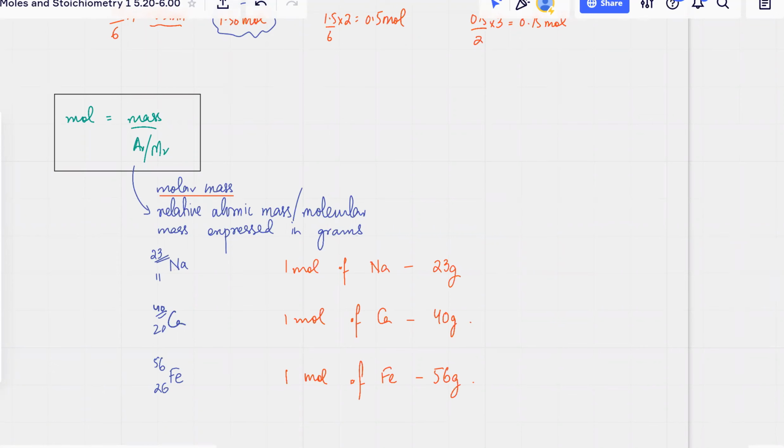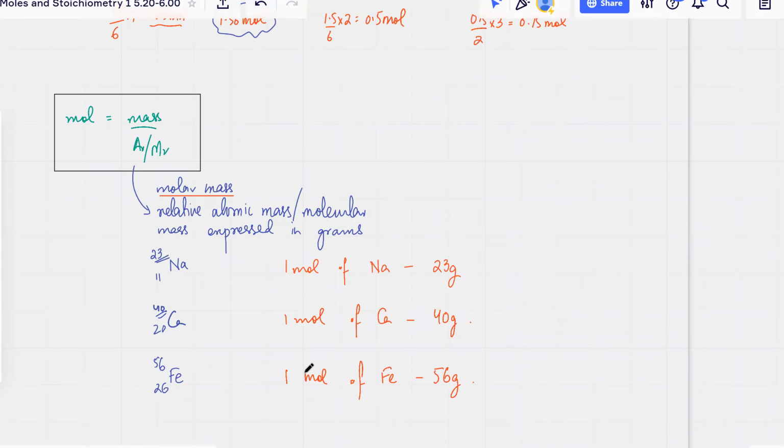So that's known as the molar mass. It's just the atomic mass that's given in the periodic table, and you just express that in grams. That's the mass of 1 mole of atoms. So whenever you pick a piece of iron और उसकी mass 56 grams है, तो उसका मतलब है that's equal to 1 mole of atoms.